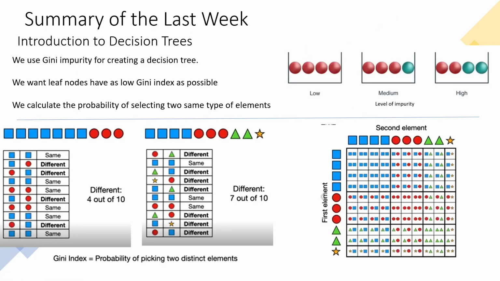Then we have seen something called Gini impurity index in order to construct a tree from table data. This is measuring the impurity inside the tree or inside the data, and if the impurity is low, that's good, and if everything is from the same class, then the impurity is low. If there are some other elements or other classes inside the data, then we have medium impurity, and if there are too many classes, we have high impurity.